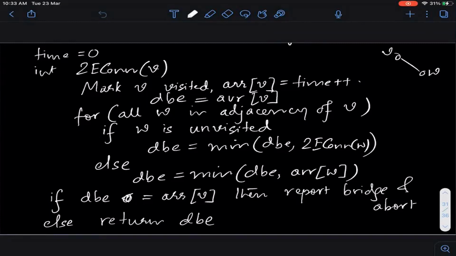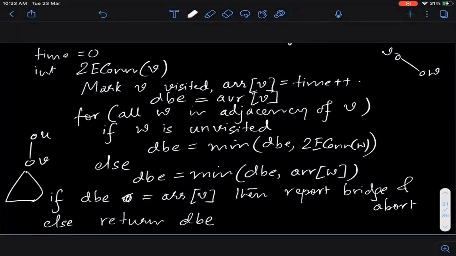Okay. So let's think about an edge, right? Remember, I'm trying to find out whether this edge is a bridge edge or not. And the point in the whole procedure where I'm going to do this is when I call the recursion from the vertex V, right? तो यहाँ पे हम क्या कर रहे हैं?